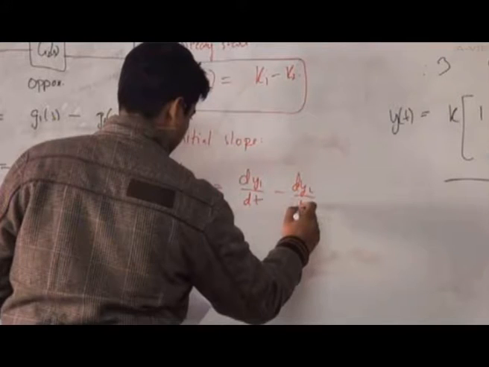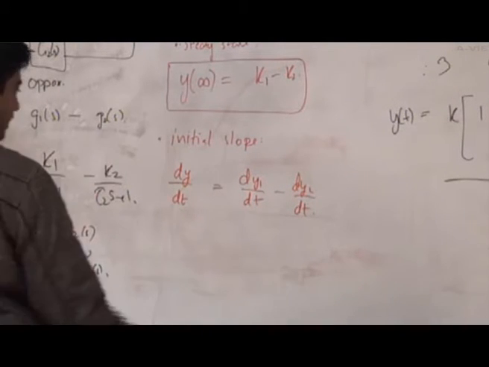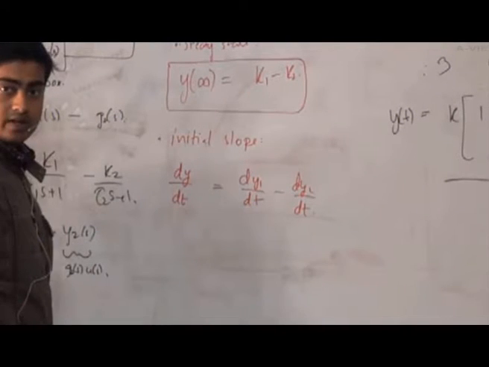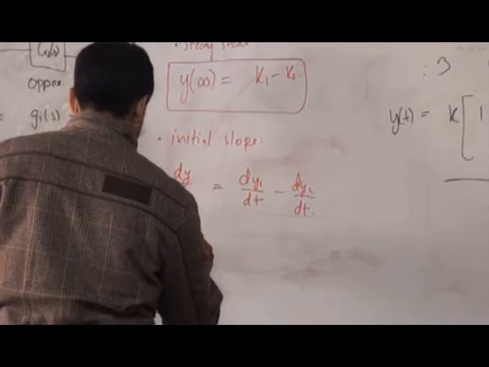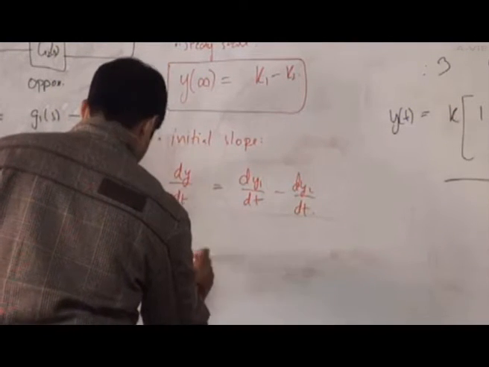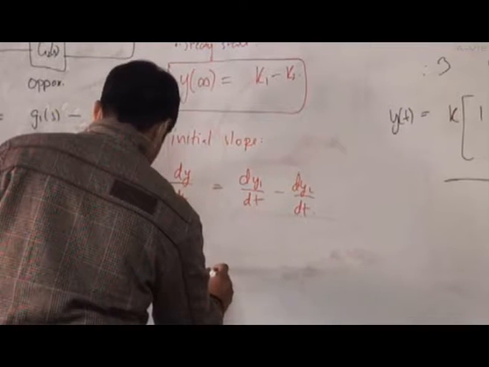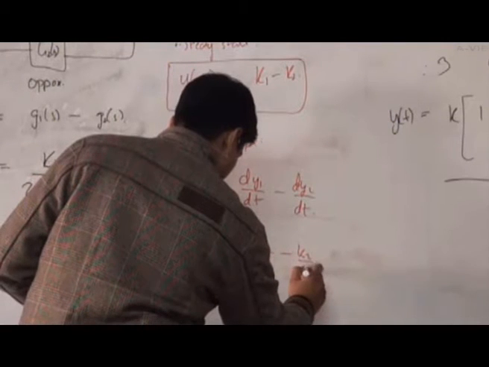The differentiation of the first order system we have already seen. So writing the final expression, I would get k1 over tau 1 minus k2 over tau 2.